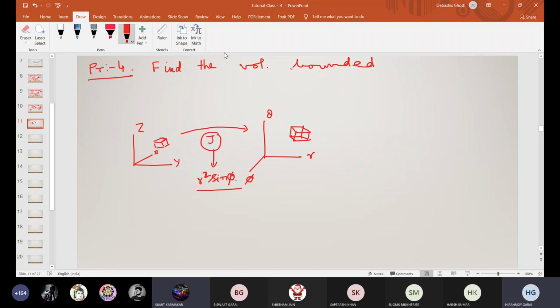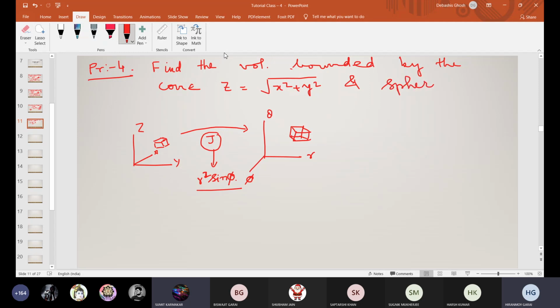Volume bounded by the cone z equals under root of, and the sphere. I'm writing this equation of sphere.